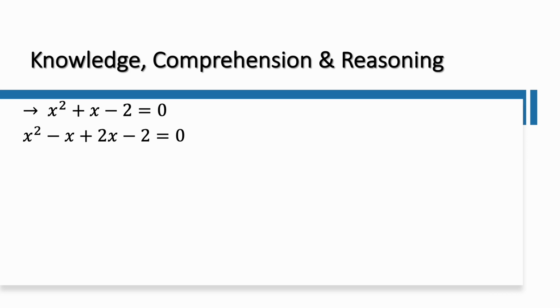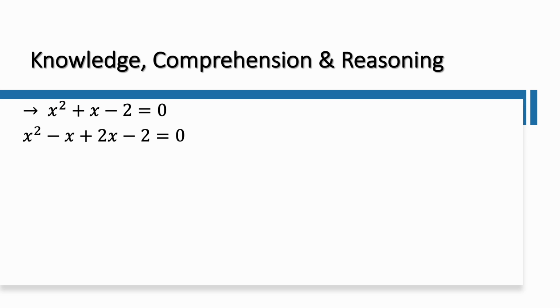So now that we have those numbers, we can actually rewrite the middle term of our equation. So here we have x squared minus x plus 2x minus 2. So if you look at the two middle terms, if you add them, that's minus x plus 2x. What do we get? x.